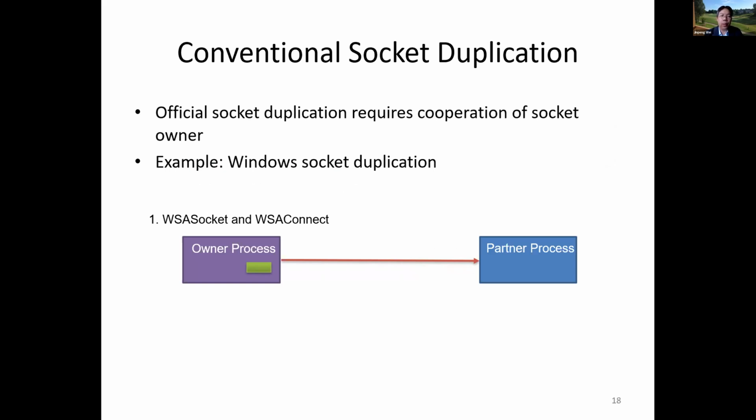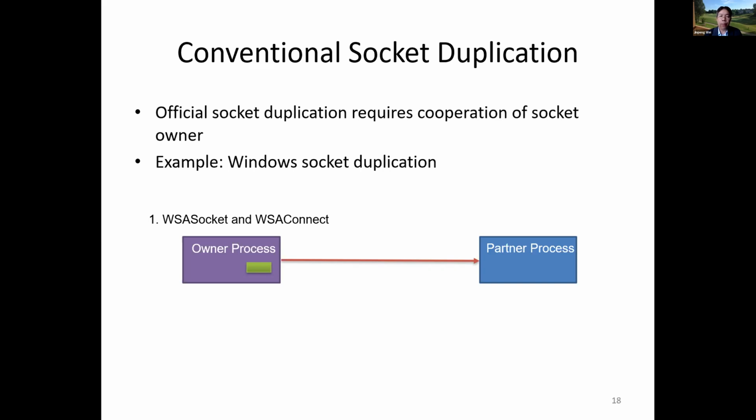Here is an example based on the Windows platform. It takes multiple steps. First, the owner process creates a socket and makes the connection by calling WSASocket and WSAConnect. Suppose the socket is usable, and the owner process wants to share or transfer it to a partner process.